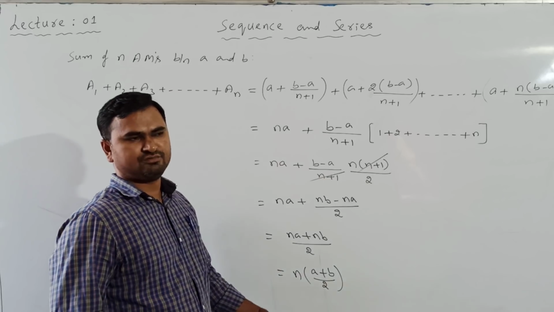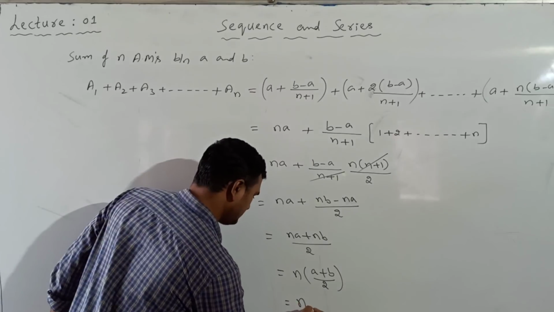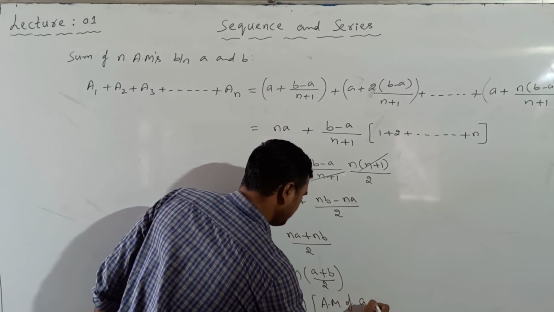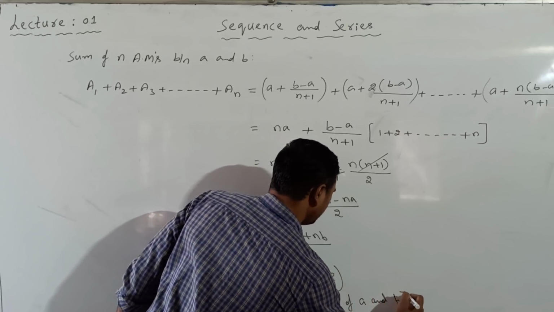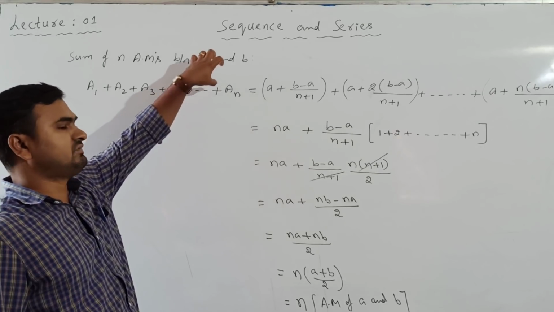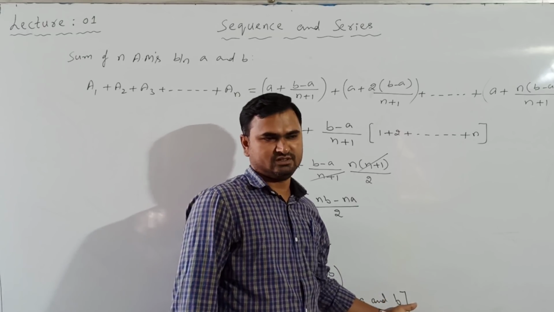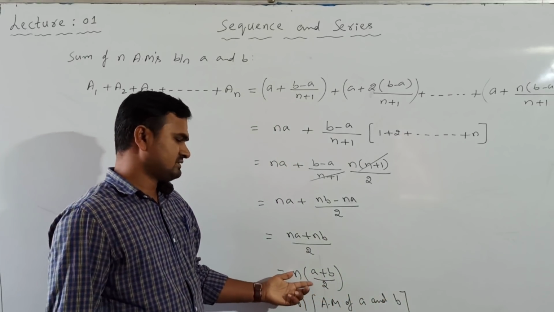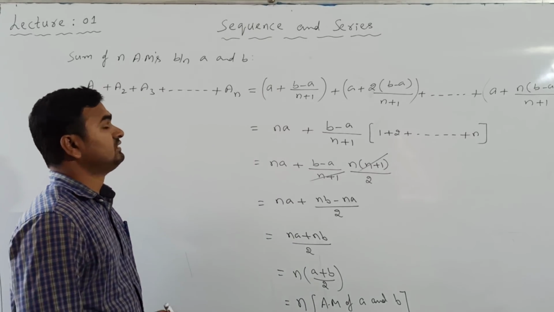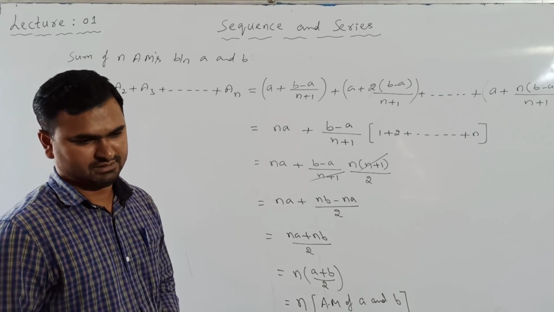It is the arithmetic mean of A and B. So it is nothing but n into the arithmetic mean of the two given numbers A and B. So the sum of n arithmetic means between A and B is n times the arithmetic mean of A and B. A simple formula you can remember, so that we can directly use it in problems. Okay, so this is about arithmetic progressions and arithmetic mean.